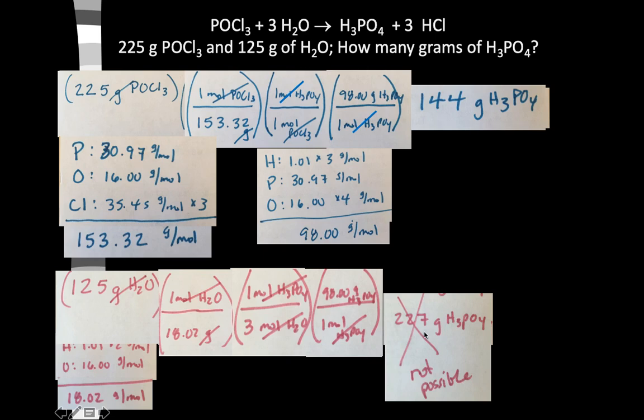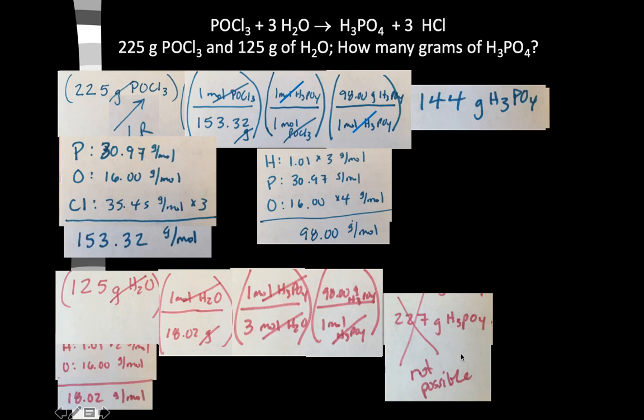It was not possible. I didn't have enough POCl3 to make this much H3PO4 because when I made 144 grams of H3PO4, the reaction stopped. That means POCl3 is your LR, limiting reactant. So this is called the excess reactant, meaning I had a bunch of extra water. Great.